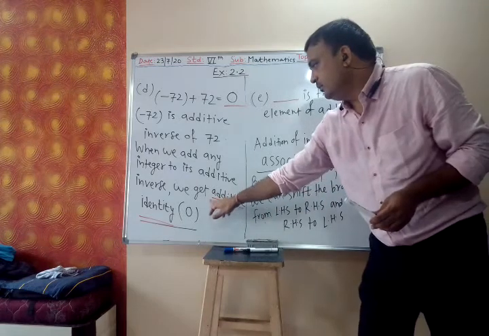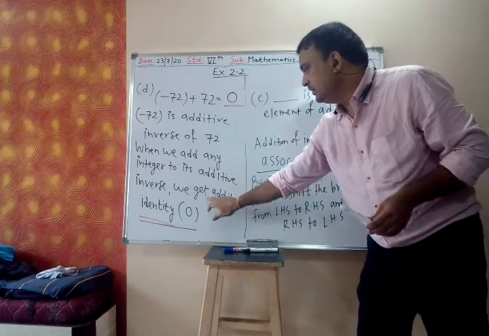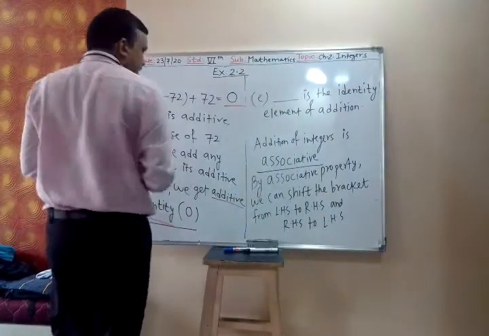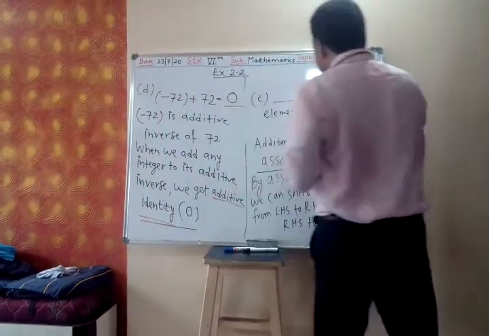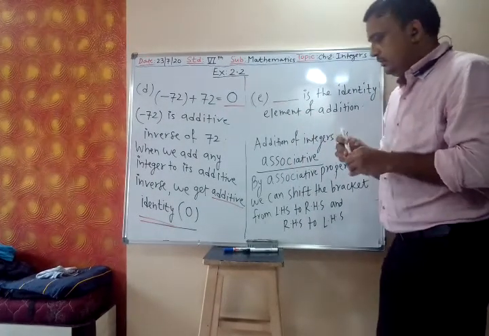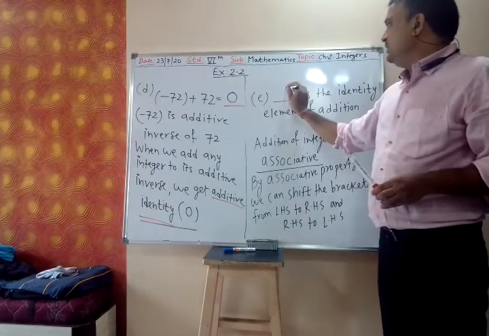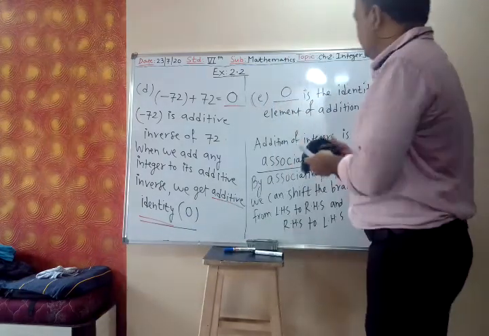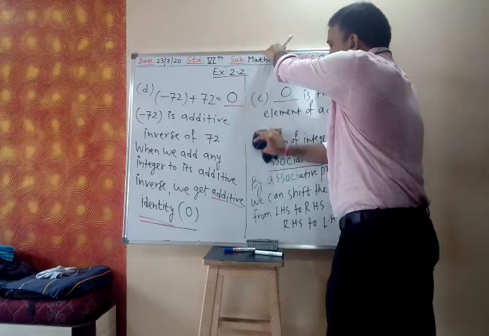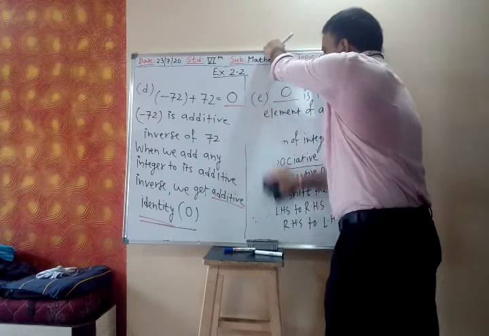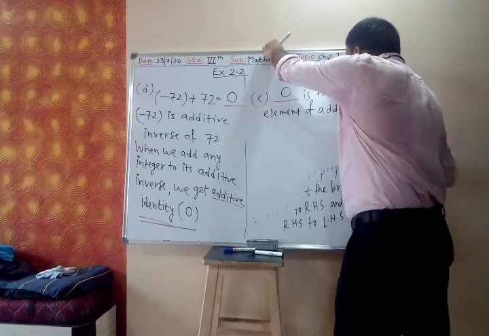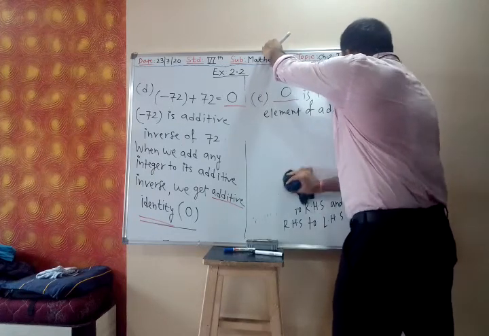See here. What is the additive identity? Yes, we have seen, no? 0. 0 is the identity element. So we write 0 is the identity element, because when we add any integer to 0, we get the same integer.